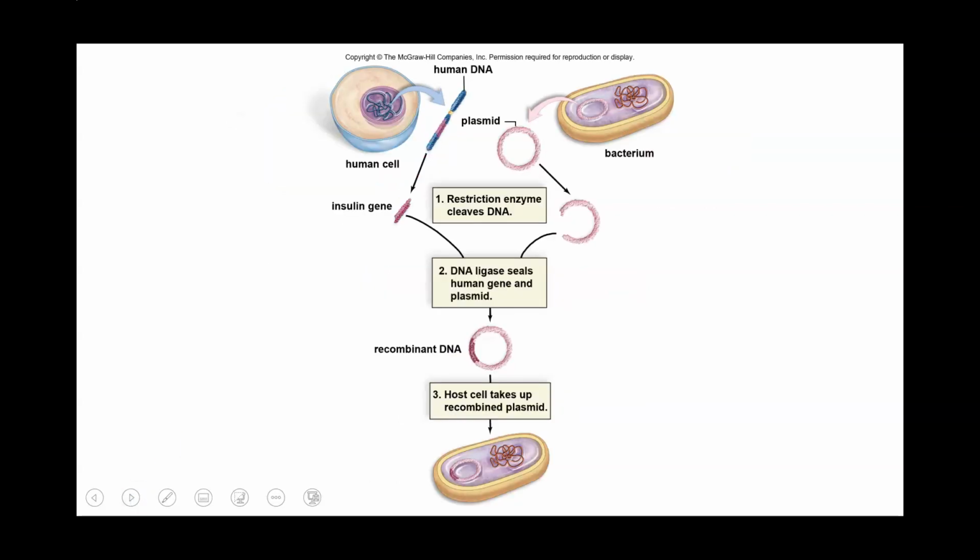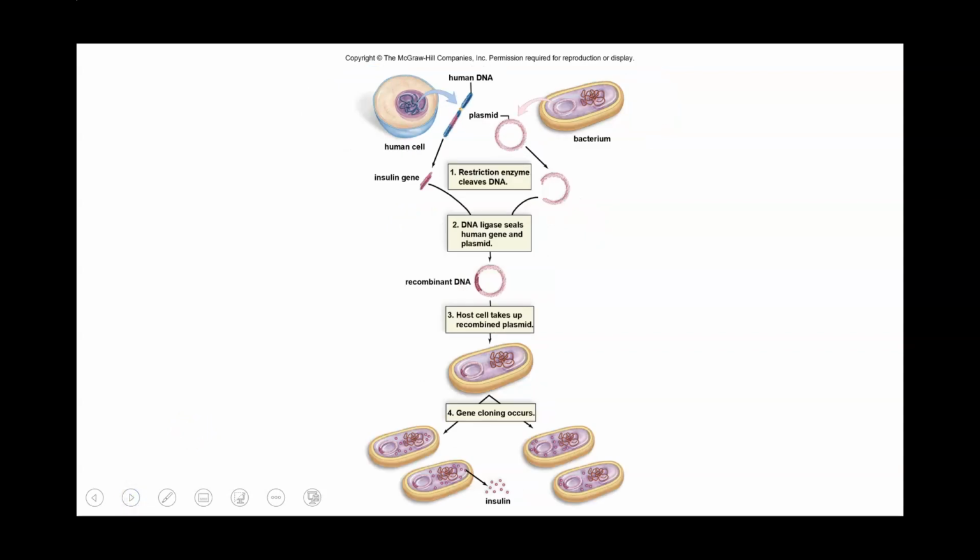We can then insert that new plasmid back into the bacterial cell, and then we can grow that gene. And so this is a way to clone a specific gene. And so now we have bacteria that can produce human insulin for gene therapy.